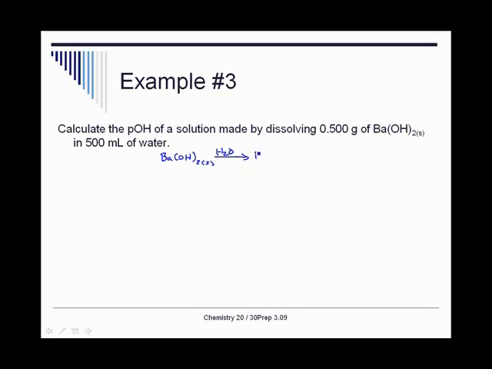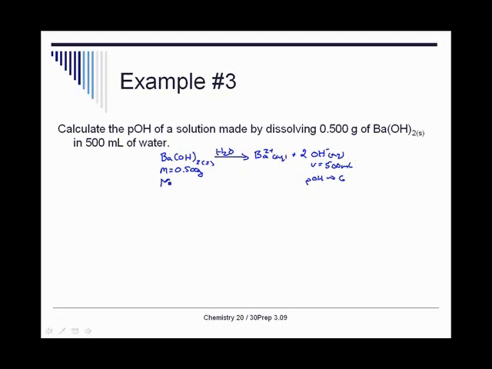So we're going to get barium 2+ ions plus 2 hydroxide ions. Now we've got to put in our numbers. They gave us the mass of barium hydroxide, so we get 0.500 grams of barium hydroxide. I'm going to put my volume of water with my OH because we know that pOH is related to concentration.